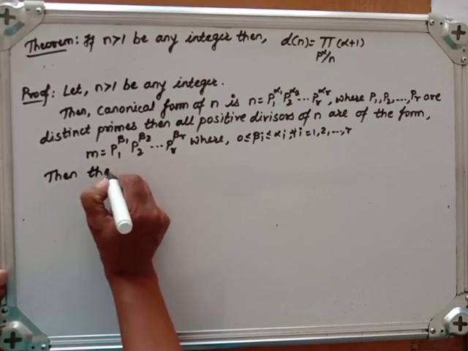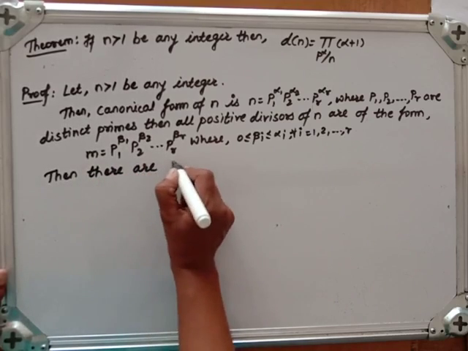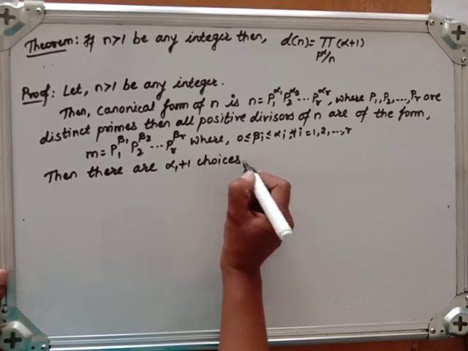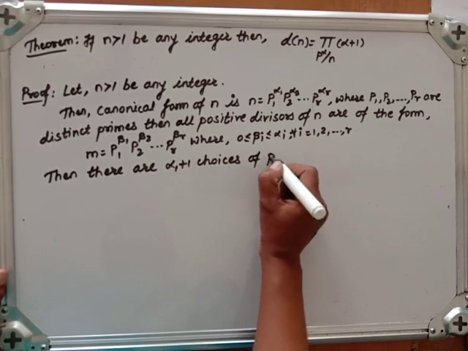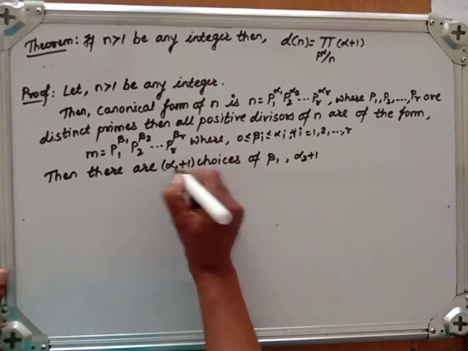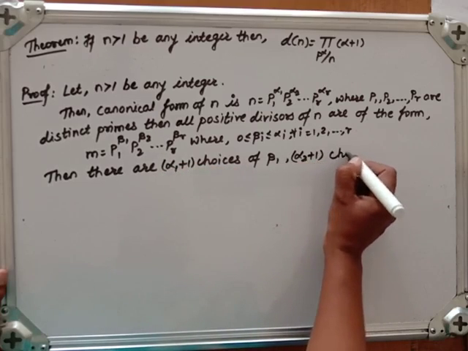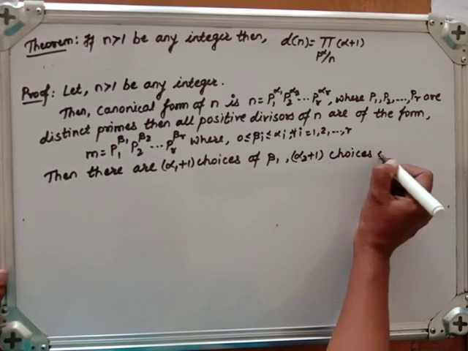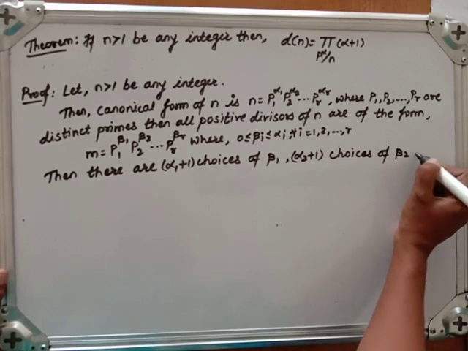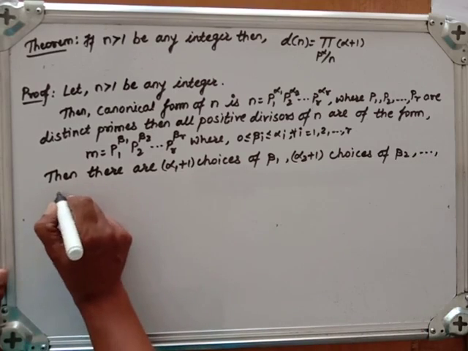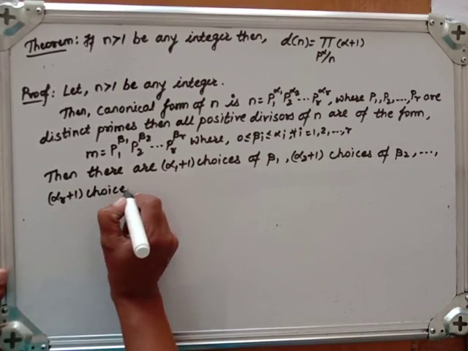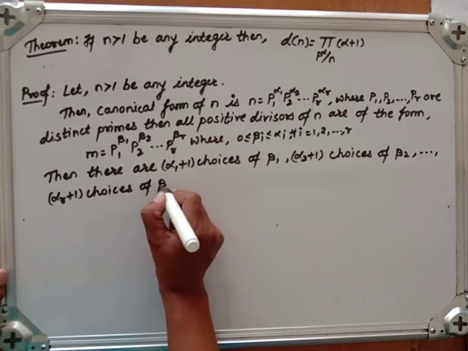Then there are alpha 1 plus 1 choices of beta 1. Then alpha 2 plus 1 choices of beta 2, and so on. Alpha r plus 1 choices of beta r.